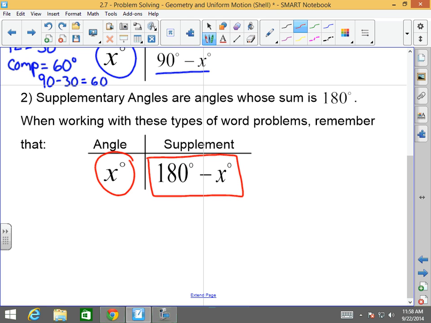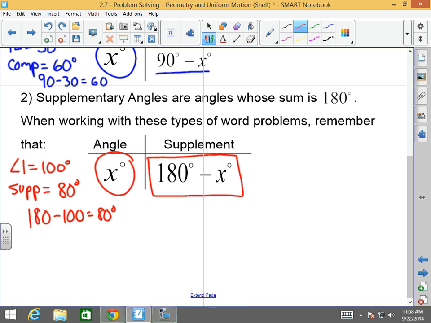Again, if I have two supplementary angles and angle 1 is 100 degrees, the supplement of that will equal 80. Why? Because 180 minus angle 1 equals 80. So the angle is just x. The supplement is 180 minus x.